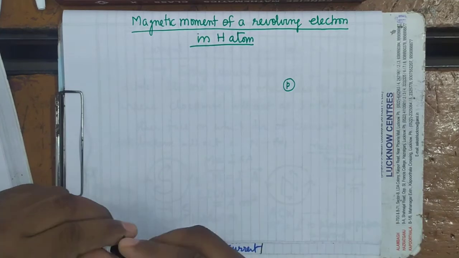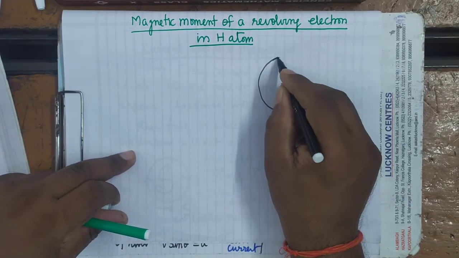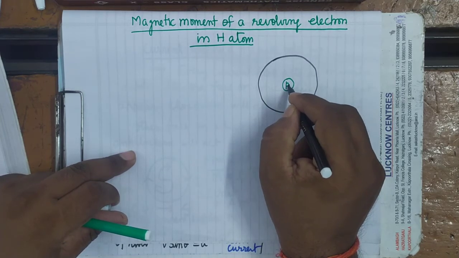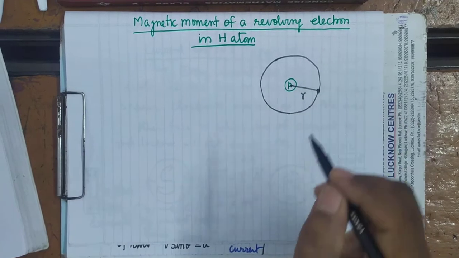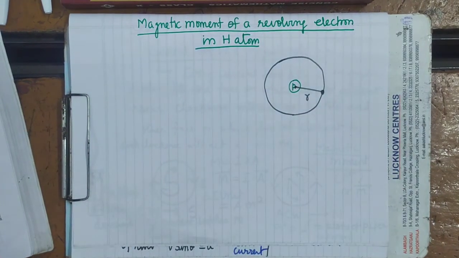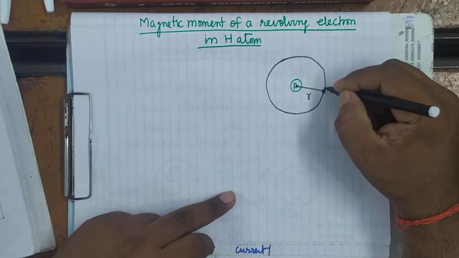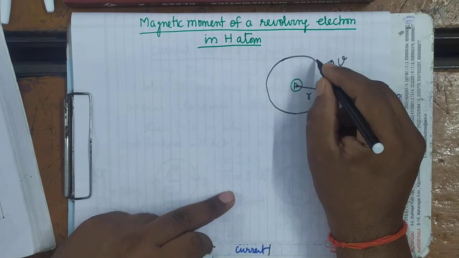And the electron is moving around it in a circular orbit. Its radius I have taken as r. It is moving with the velocity v.